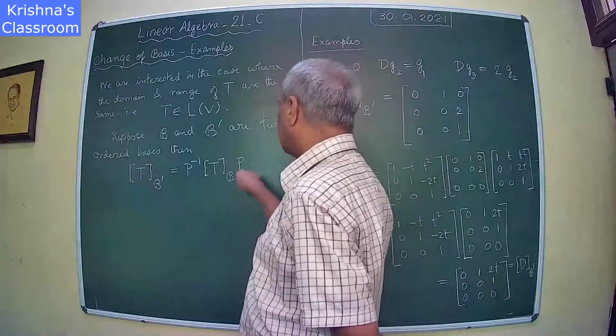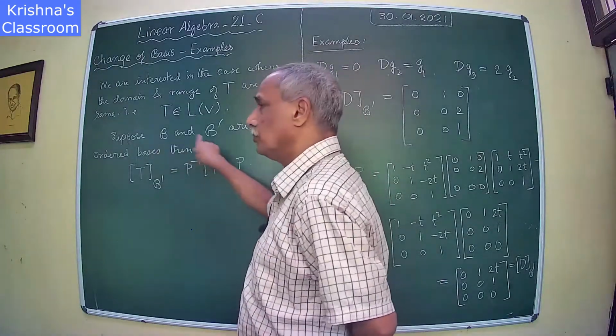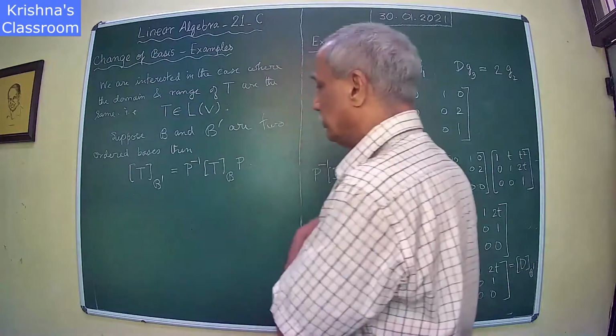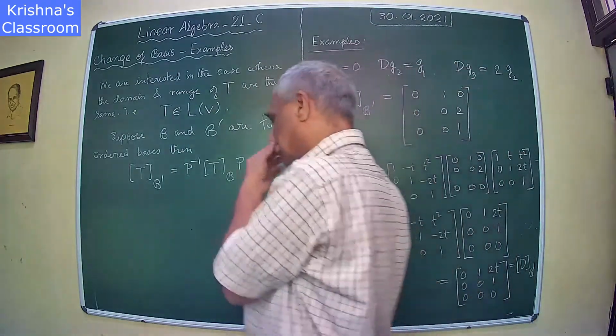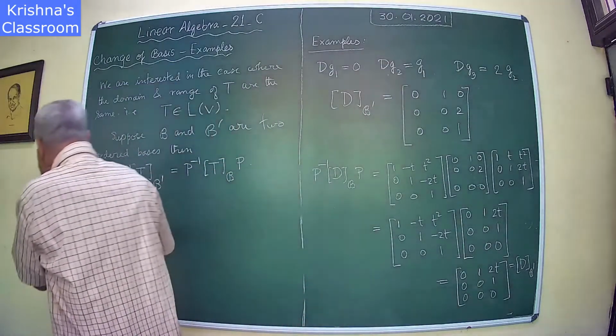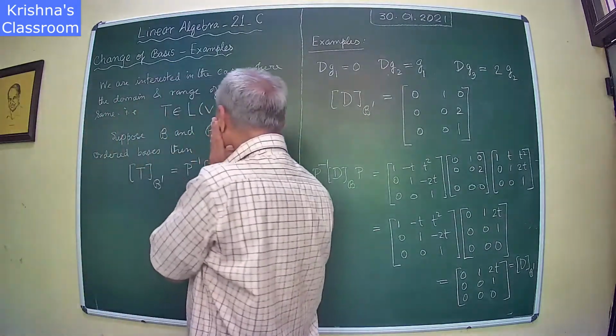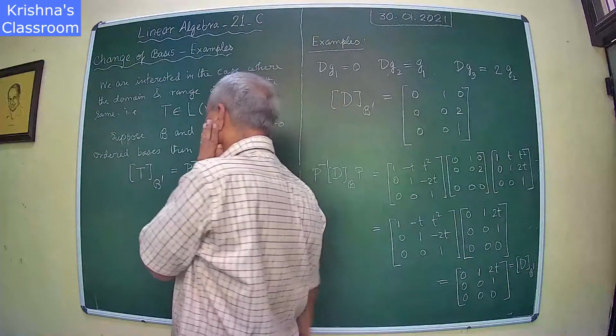And this P is described in terms of how you go from the ordered basis B to B prime. That we have described already. So this is the kind of relationship between these two matrices.